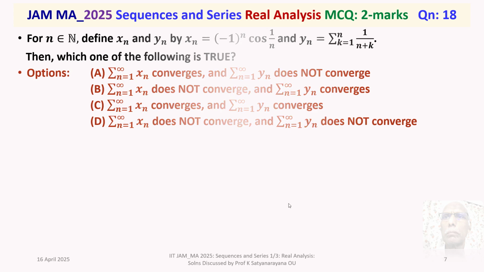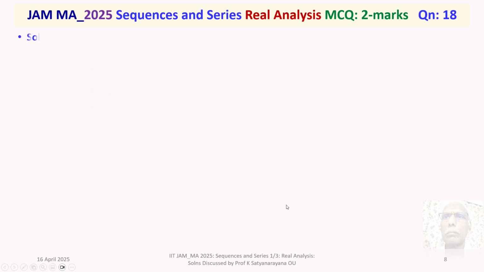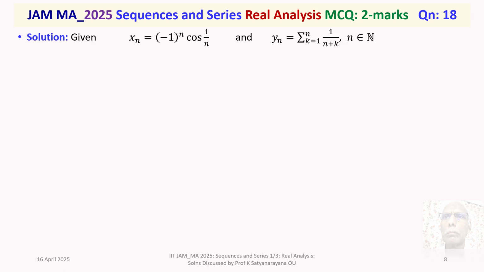Let's now discuss the solution of the problem in detail. We are given x_n equals (-1)^n cos(1 by n), and y_n equals sigma k equals 1 to n, 1 by (n+k), n belongs to N. Now, we first consider the sequence x_n.